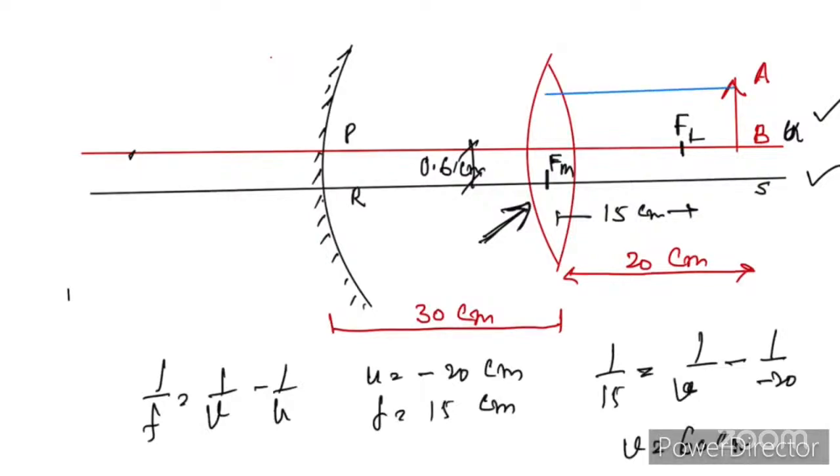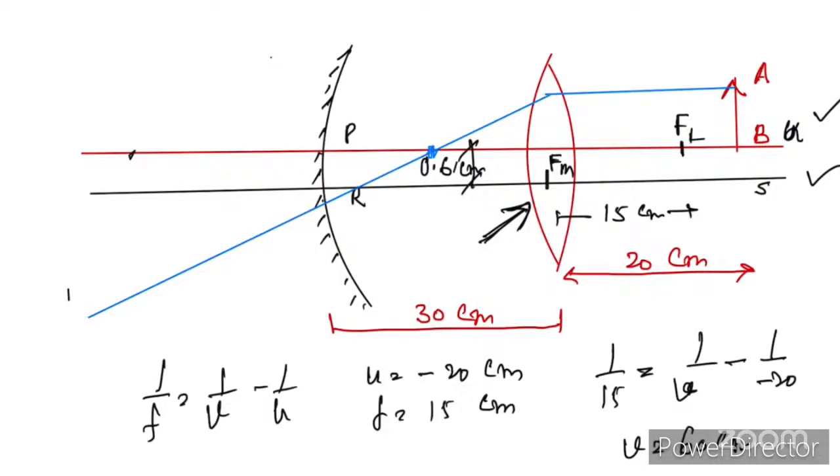Suppose this is the ray which is falling parallel to the optic axis on the lens. Of course, this will go through the focus. It is 15 centimeter. So it will go like this, correct.